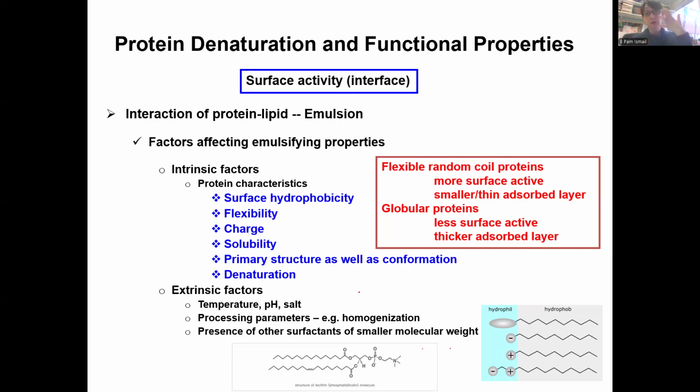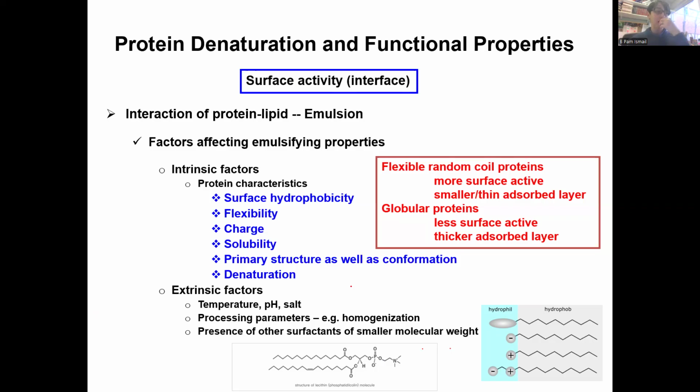And homogenization is important to reach the droplet size that would be enough to cause stability over time. With larger droplet size, you have more or less distance between droplets, so flocculation, coalescence, and phase separation. So droplets come together and then coalesce, and then we get phase separation.